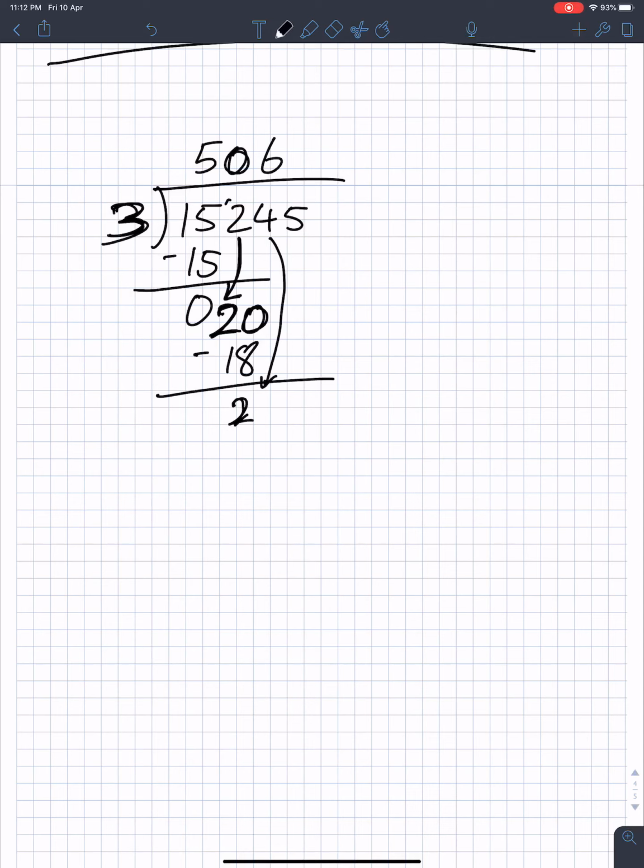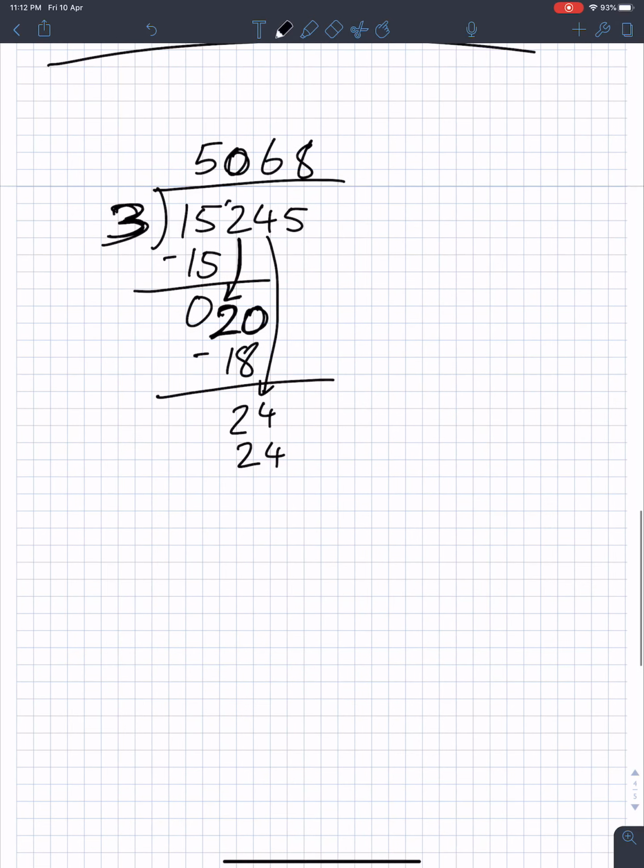So we drop the 4. Let's clean this up a bit, so this becomes 24. And then again, same process, say your 3 times table till you get to 24. In this case, it would be 8. 8 3 is 24, right? Subtract these 2 from one another, you're left with 0, and we've still got this 5 left over.